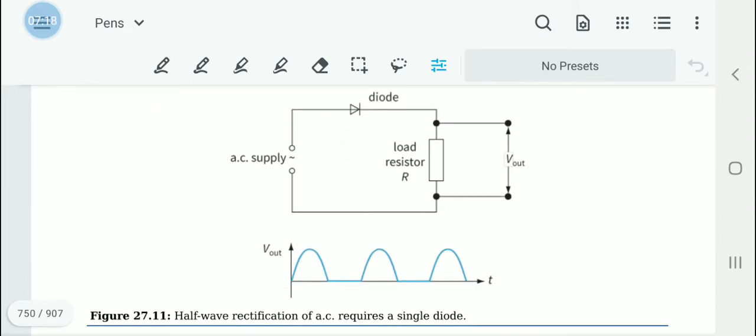27.11. Then underneath that, write: in the above situation, the negative voltage has been chopped off, resulting in a reduction of the power that is available.